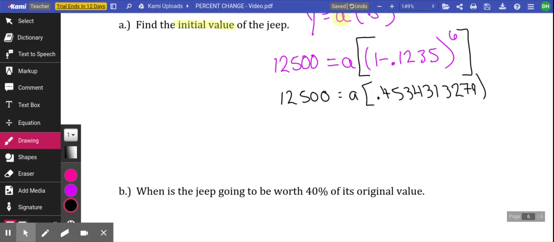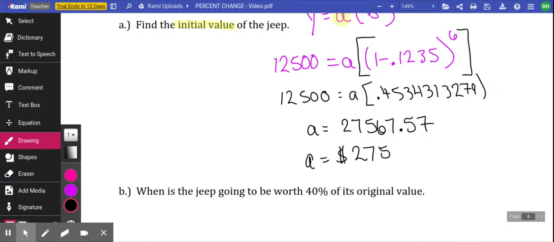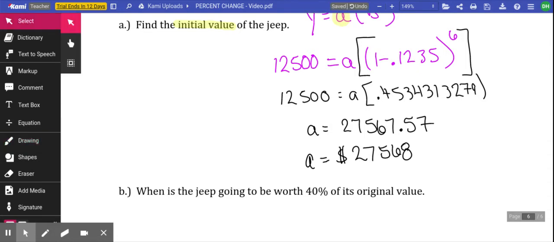And I like to just hit second answer. So I don't know if you noticed above the negative sign, if you hit second negative sign, it just imports your previous answer. So you don't have to type in all those decimals. And so I got the initial amount to be 27,567.57. Or if we go nearest dollar, we'll say $27,568 was his initial cost.